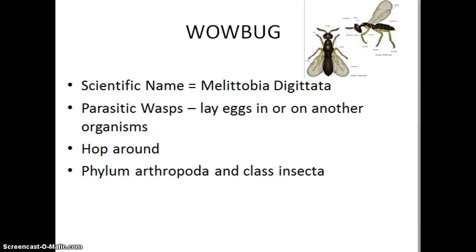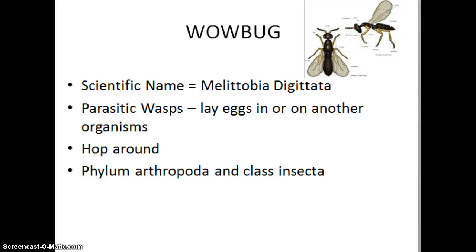So the wow bugs that we looked at, they arrived in small containers, and we saw that there were little dark pill-shaped things in the container, and those were the blowfly puparia, because our wow bugs that we looked at lay their eggs on the blowfly puparia, and that was their method of survival.